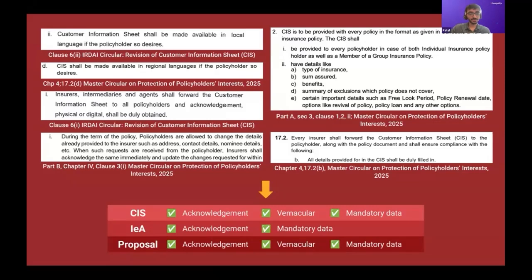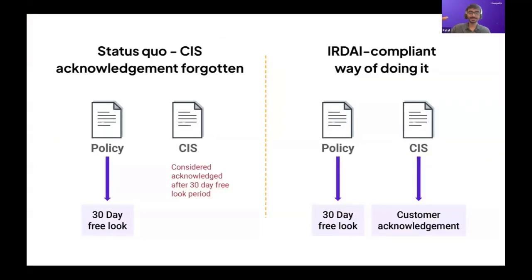So what exactly is the issue with the status quo? It's slightly different for each document. For CIS, it's a forgotten document. It is sent with the proposal. Most insurers send it with the proposal. But the insurer usually never collects the customer acknowledgement on the CIS. This is despite the IRDAI requiring customer acknowledgement on CIS specifically as a mandatory requirement.